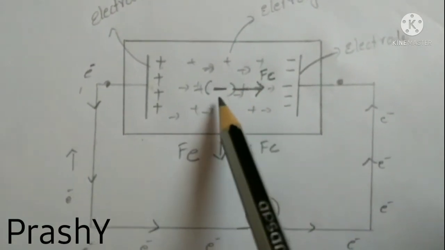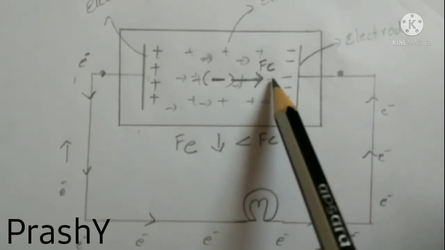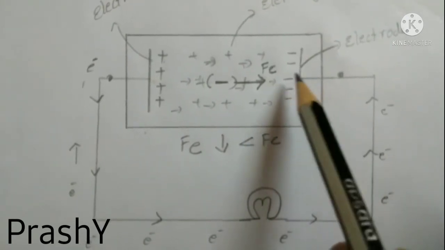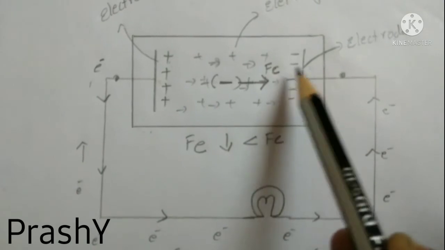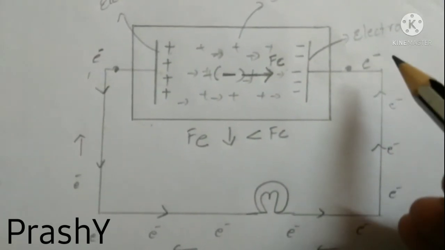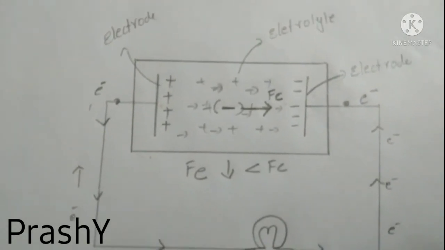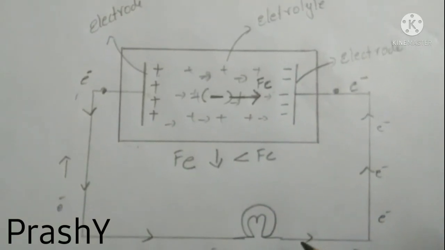When Fc pulls the negative ion from the positive plate and drives it towards the negative plate, due to strong repulsion between the negative ion and the negative plate, this electron is pushed into the conductor. So the total number of electrons in a conductor remains constant during the current flow.